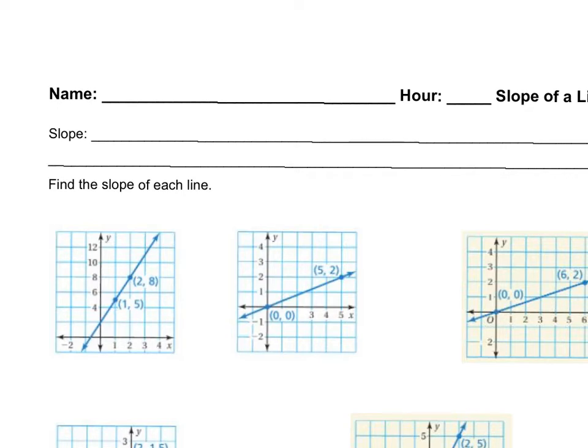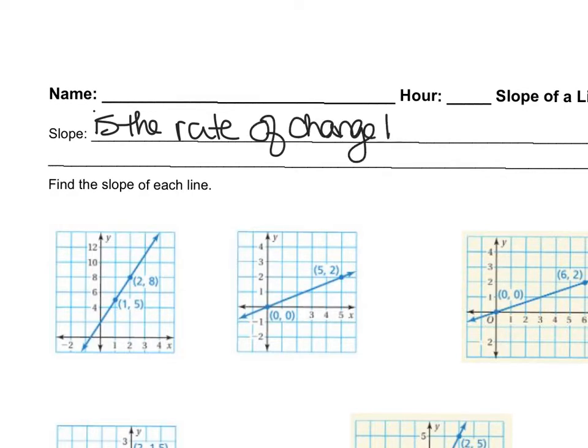Okay, so slope is the rate of change between any 2 points on a line.